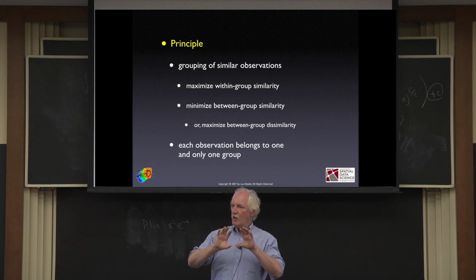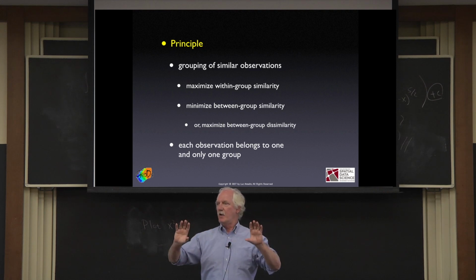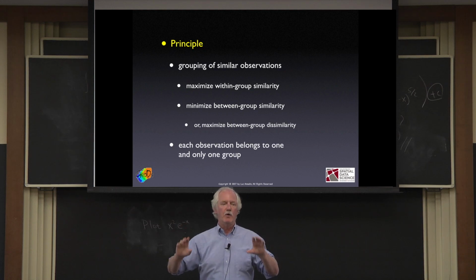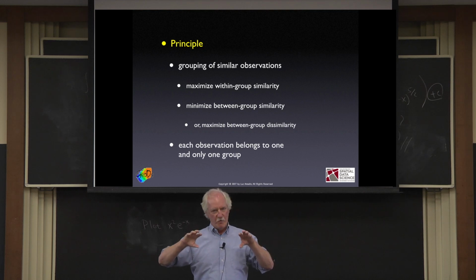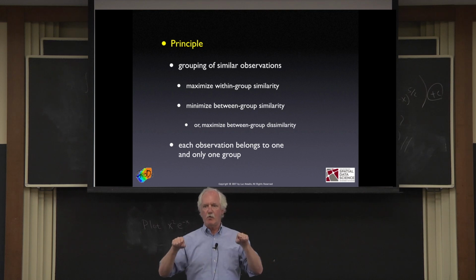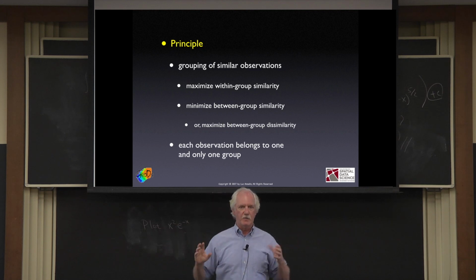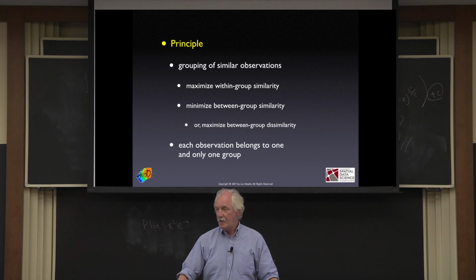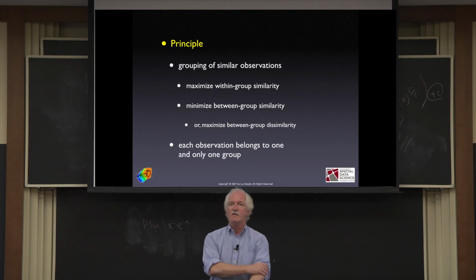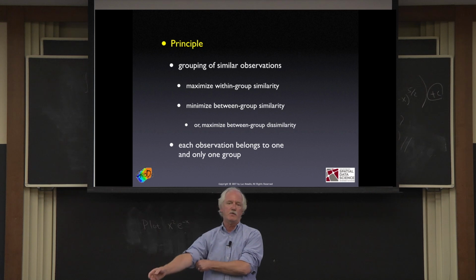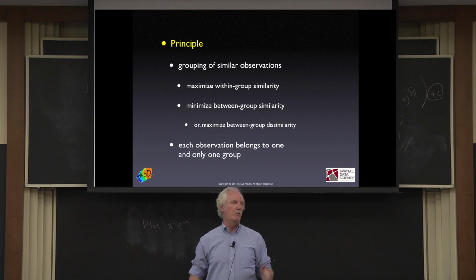So you want the between variability or between dissimilarity to be high. You want the within dissimilarity low. Very similar inside a group, everybody looks alike, but between groups look very different. That's what you want. And each observation, at least in classic clustering, you're in one group and only one group.